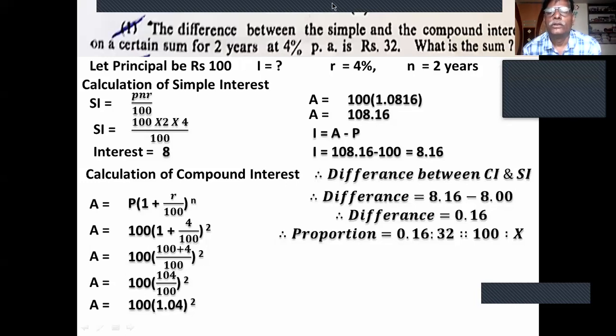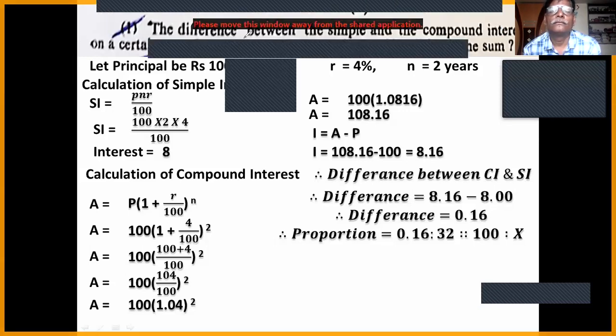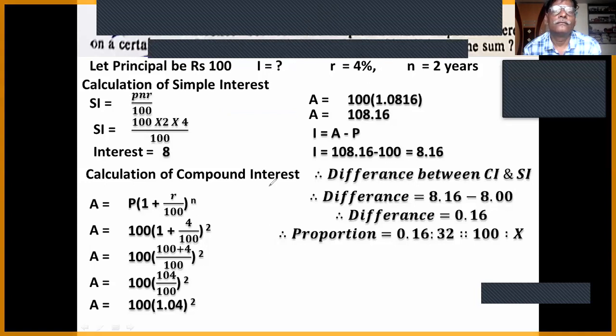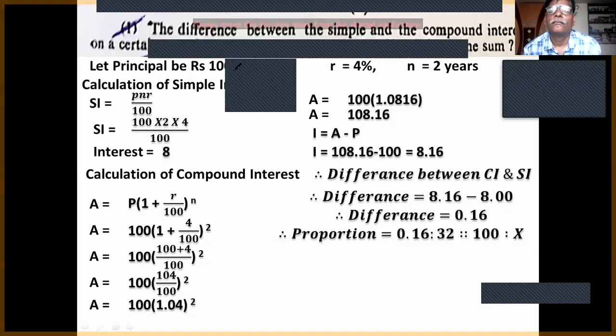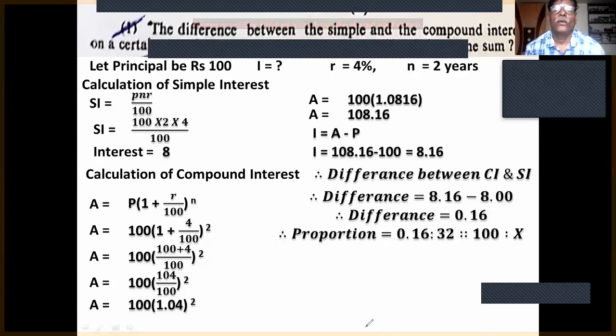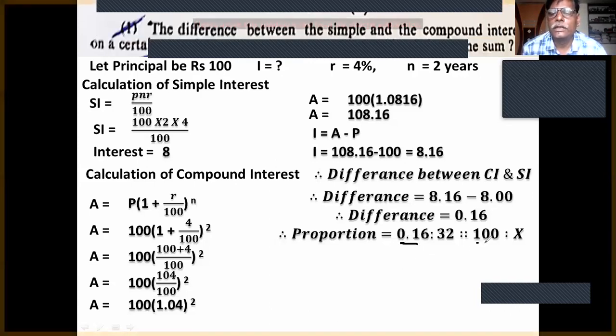So for 0.16 difference, I considered 100 as principal.